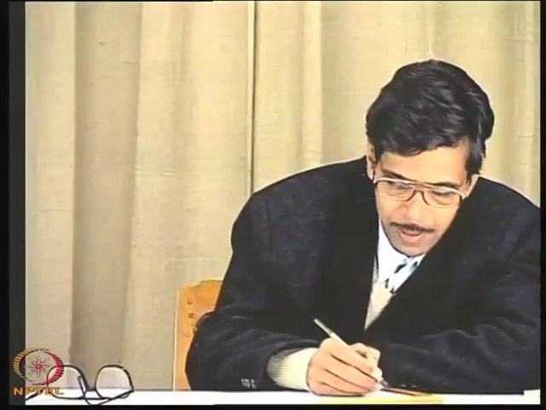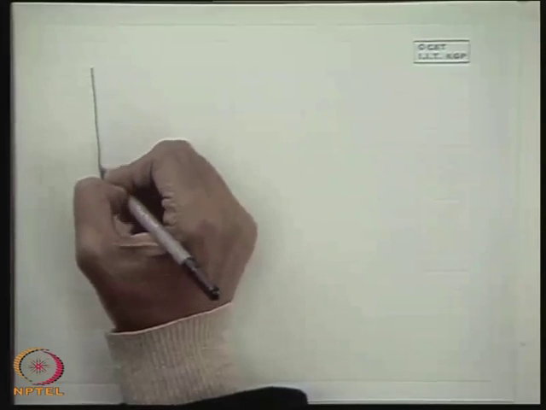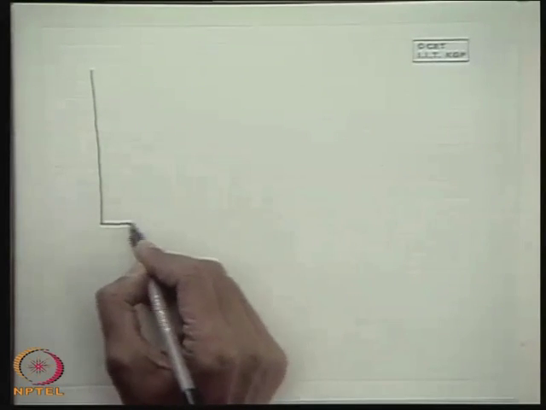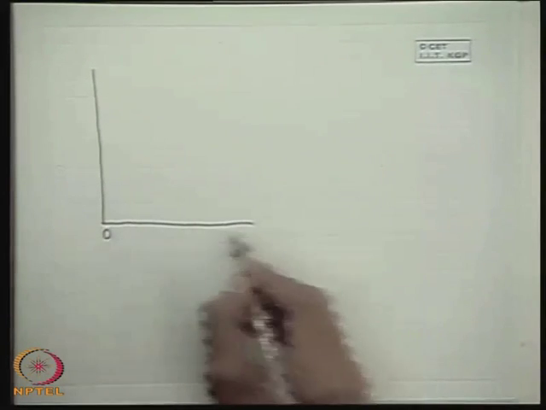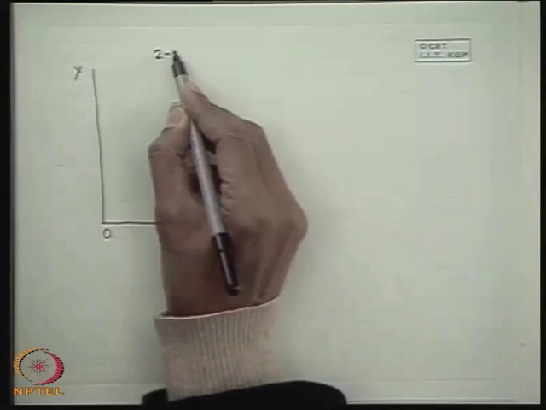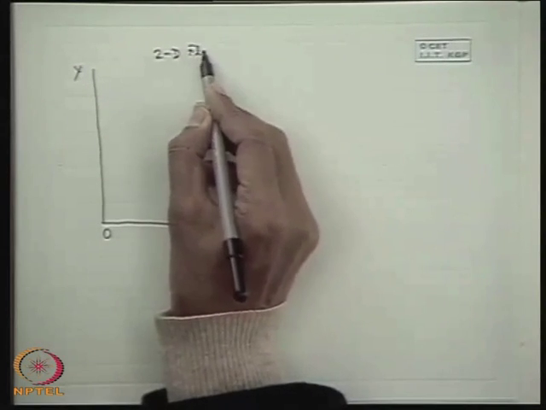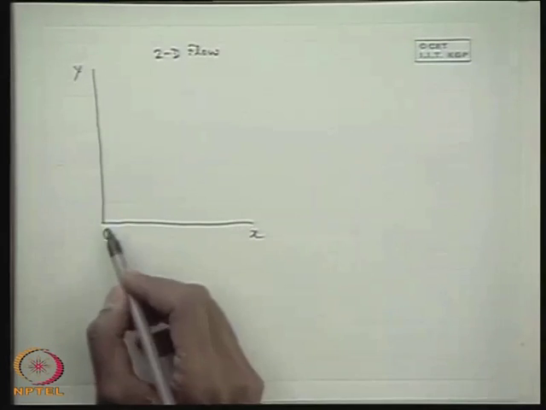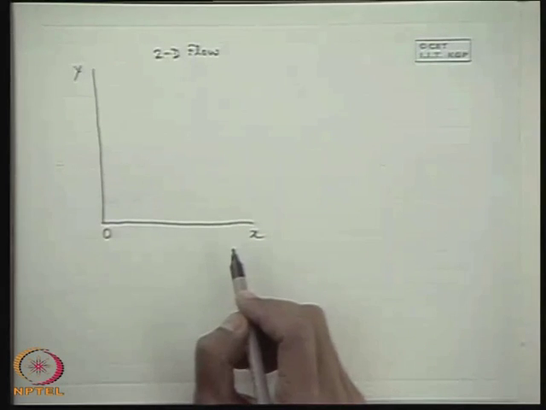Let us concentrate our analysis on a two-dimensional frame of reference. Let us take a two-dimensional x and y in a Cartesian coordinate system. We consider a two-dimensional flow in a Cartesian coordinate system described by the x and y axes.